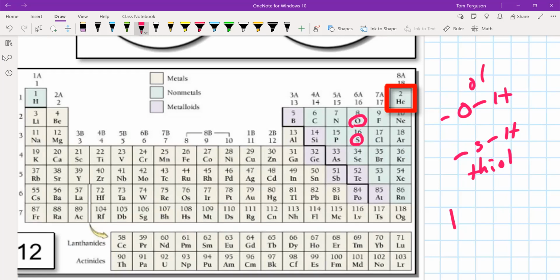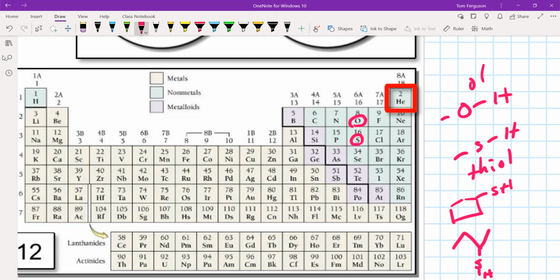That's a thiol. Are there other compounds like that that we would need to memorize? Well, none so far. I'm trying to think if there are any.